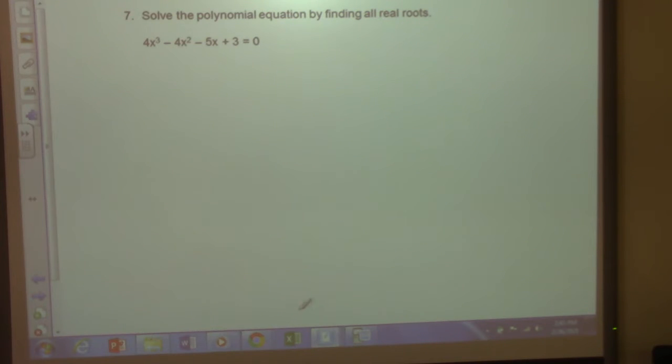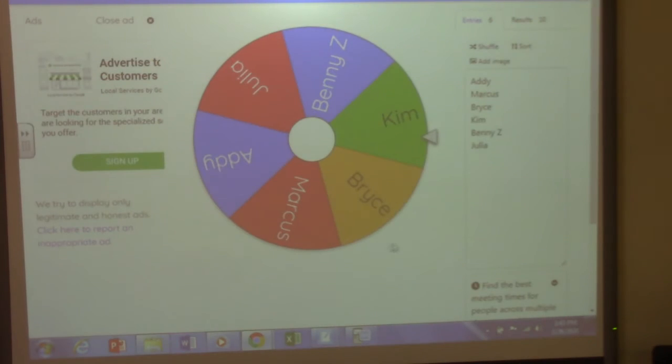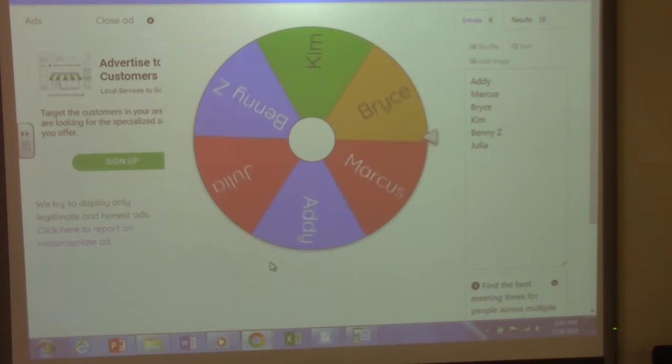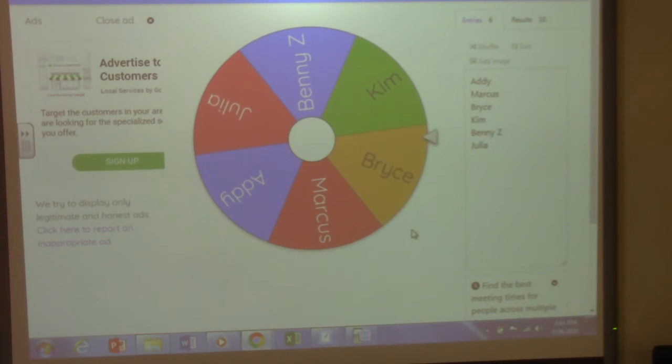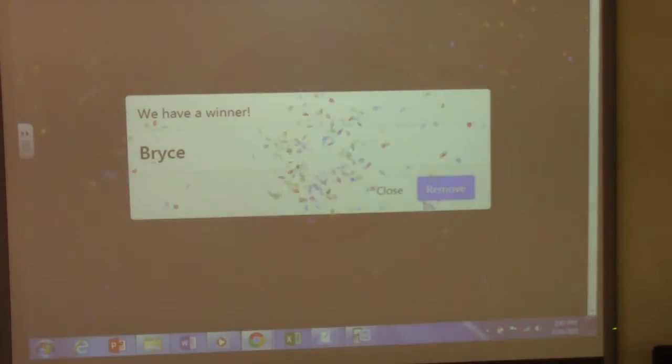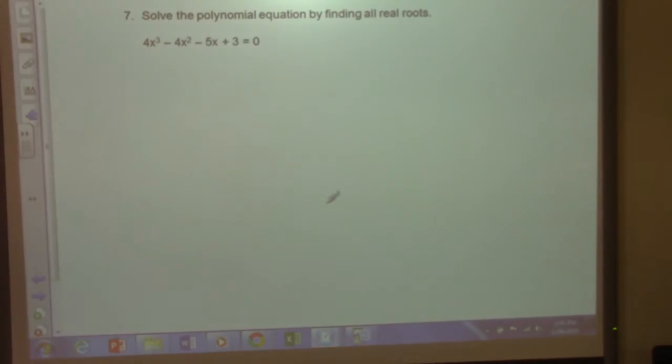Okay, let's go ahead and choose somebody. Looks like we're going to get Bryce. Okay, Bryce, what do you think? I haven't even found the thing that's synthetically divided by. I know.